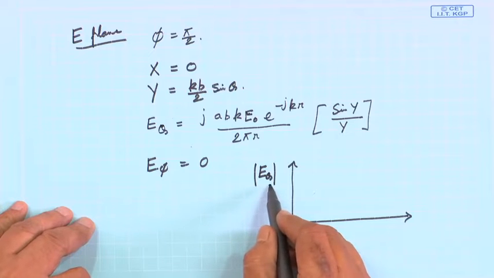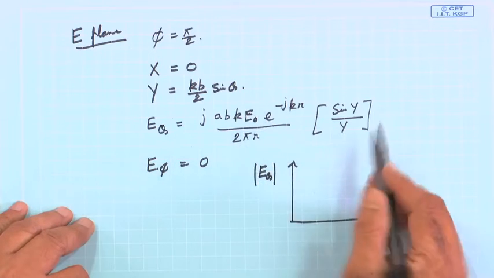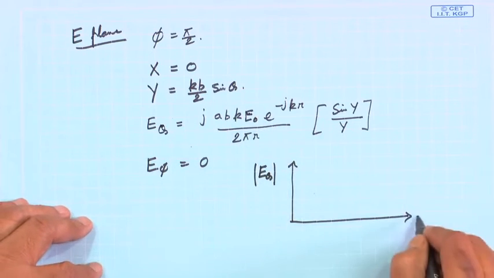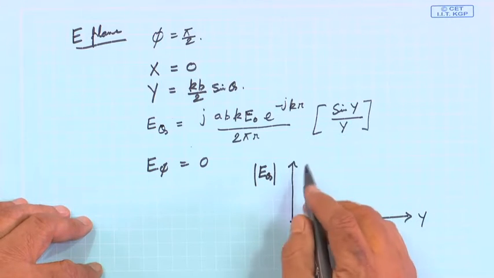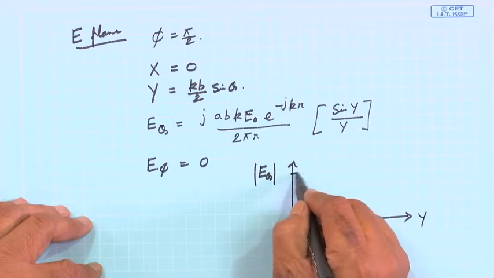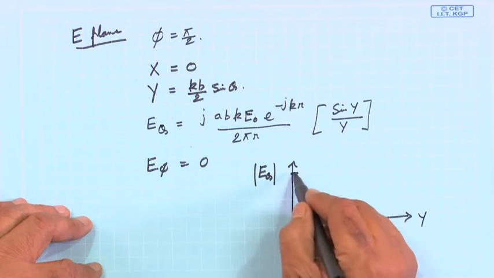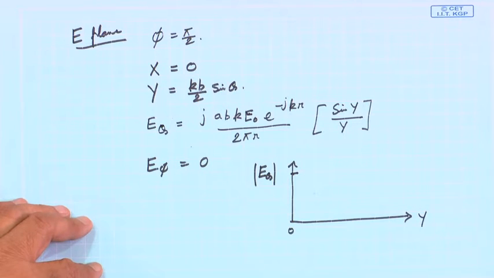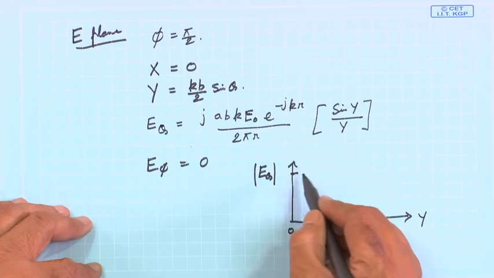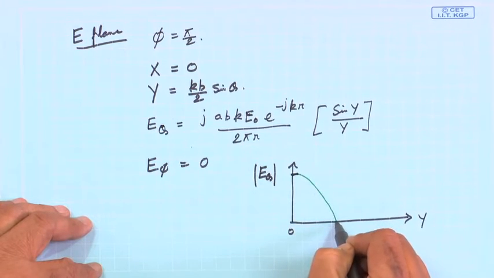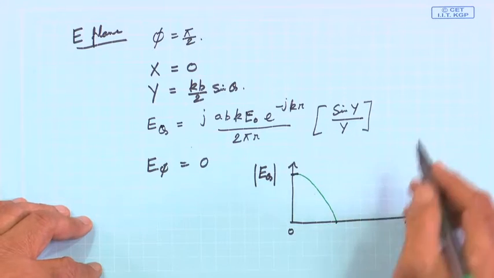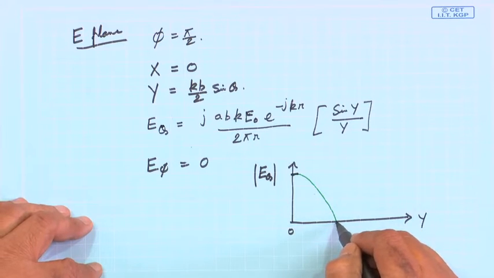If I normalize, it is basically a sinc function, here in y. The value will be 1 at 0, and then it goes along the sinc pattern, and since I am taking the magnitude, it is only positive.